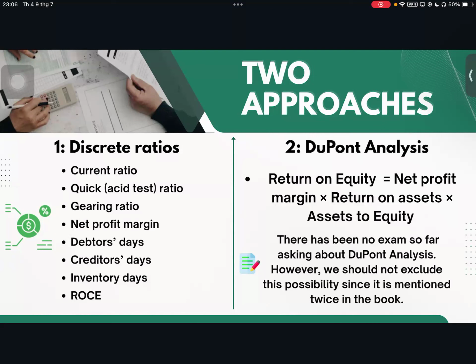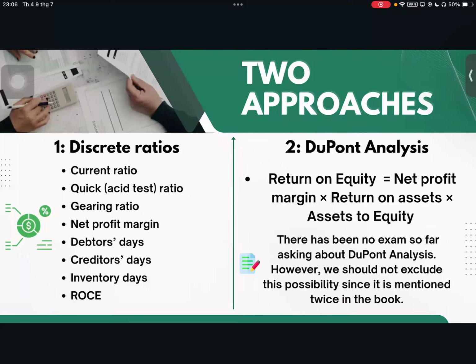This formula can be further divided into the net profit margin, the return on assets or assets turnover, the equity multiplier or assets to equity. So far, as I observed, there has been no exam about DuPont analysis. However, I still introduce it here. We cannot exclude the possibility of having this question in the future, especially in this July exam.